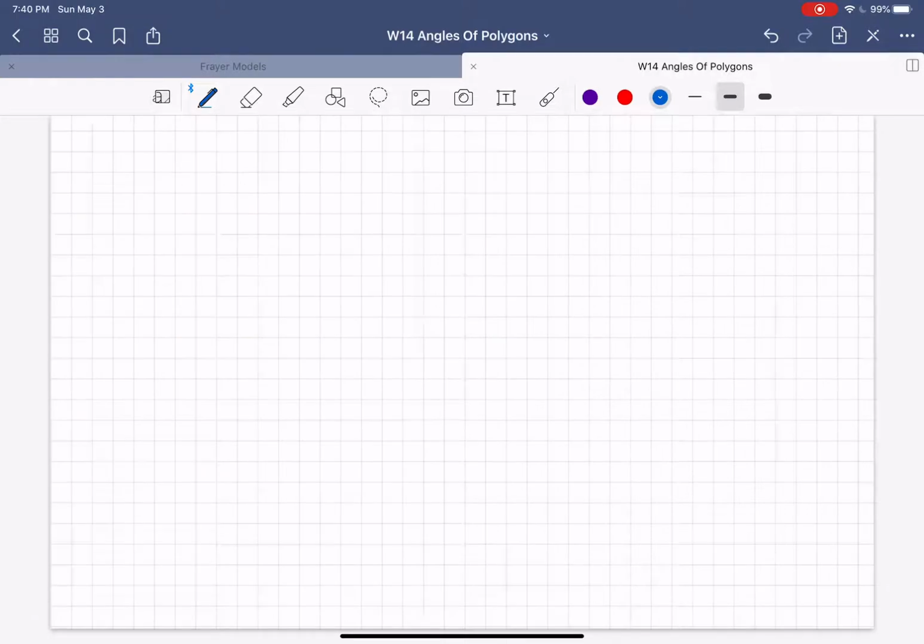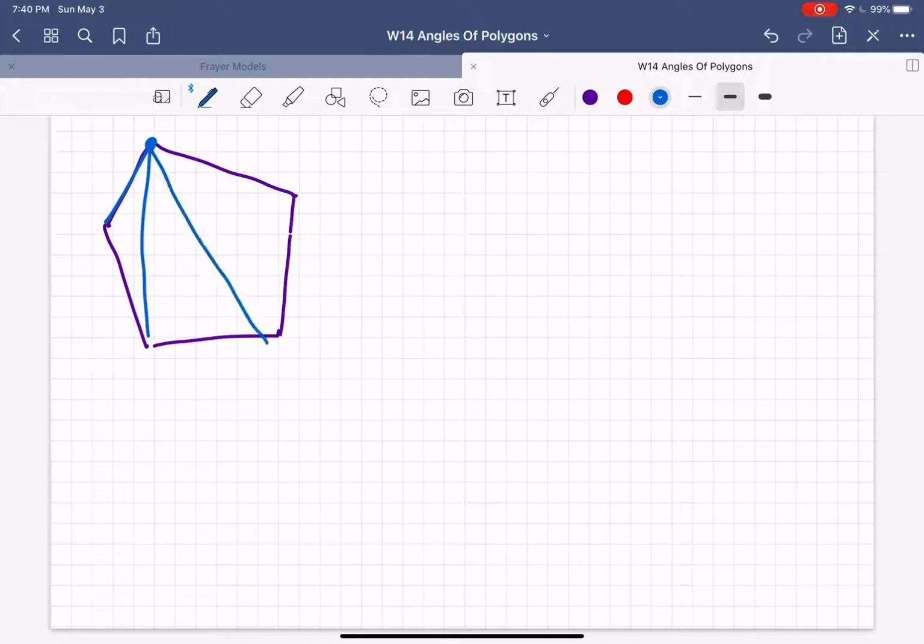But let's look at some more complicated shapes. What if we had a pentagon? Doesn't matter how the pentagon looks, right? This one's a little lopsided. That's fine. But we want to talk about how can we split this into triangles where the corners of the triangle are also in the corners of the pentagon. I have a favorite way of doing this, and that's to choose one corner and just connect it to all the other corners.